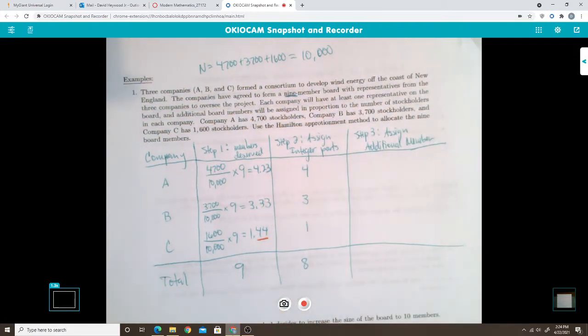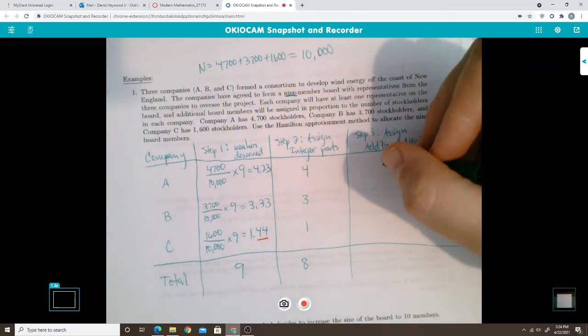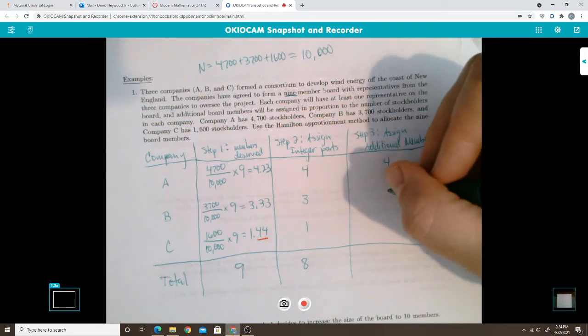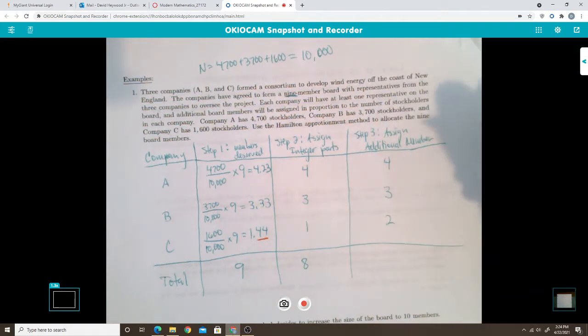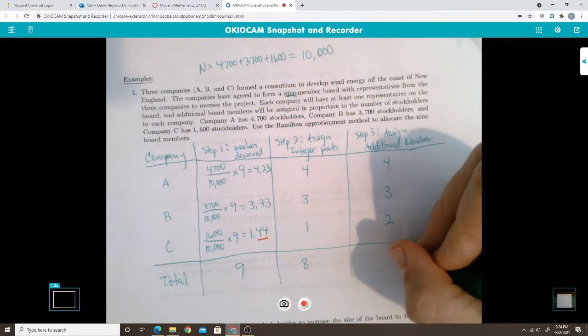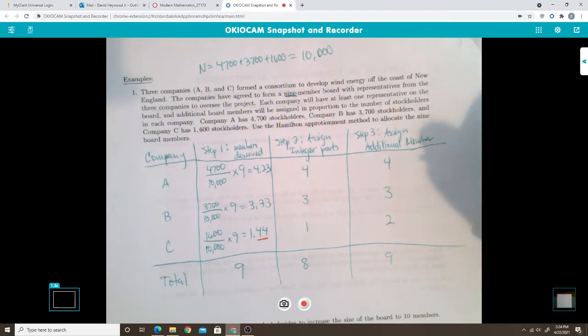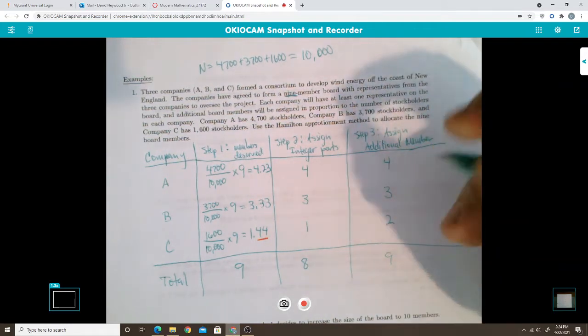So they deserve the additional member. So our end product is going to be this. Company A will have 4 representatives, Company B will have 3 representatives, and Company C will have 2 representatives, and that makes for 9 representatives in total. So there's the representation, right?